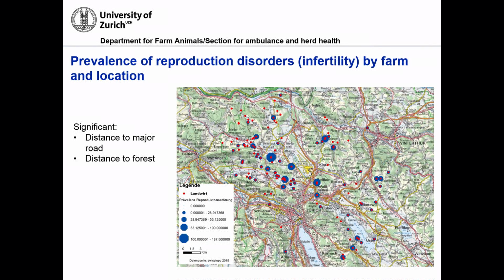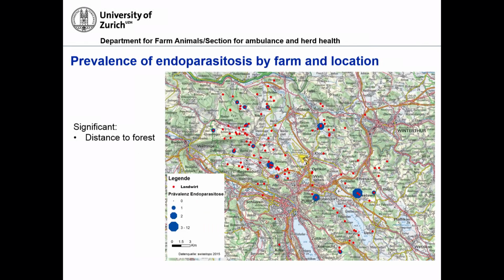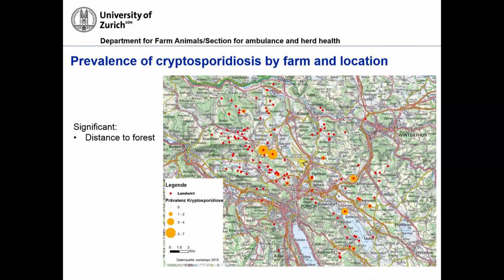Reproduction disorders, mainly infertility, were significant for the distance to major road and distance to forest. And endoparasitosis was significant for distance to forest. And the specialty cryptosporidiosis was significant for the distance to forest.